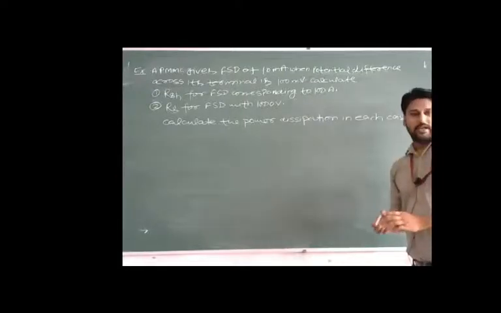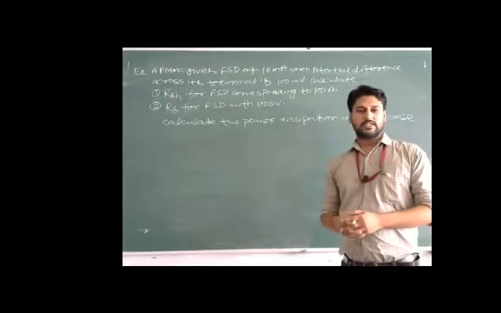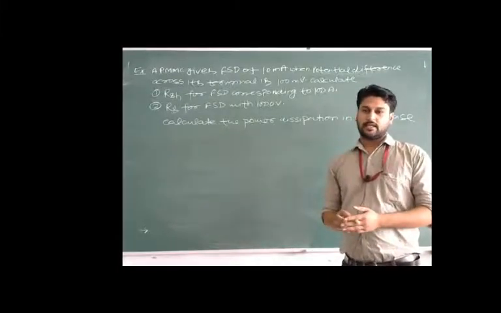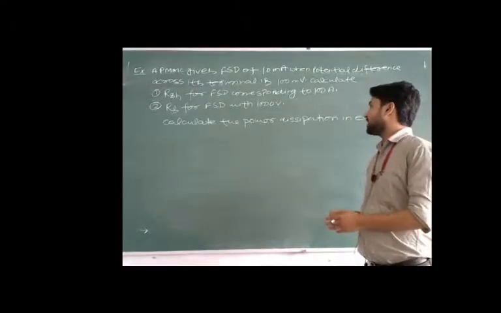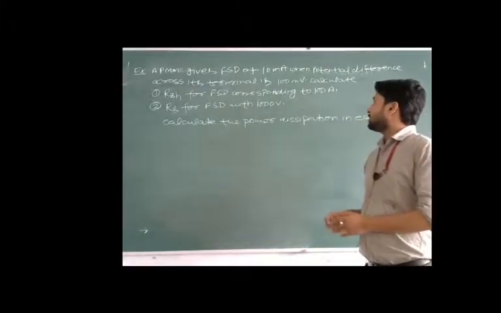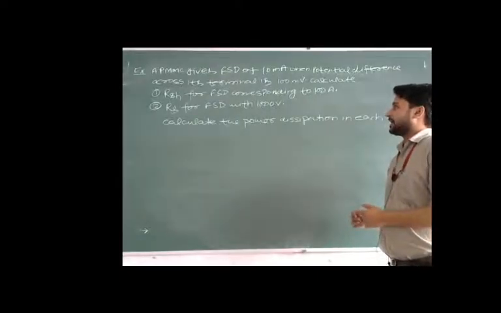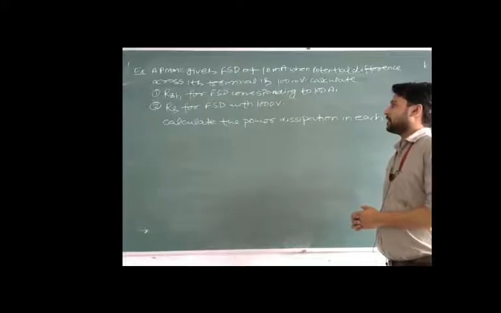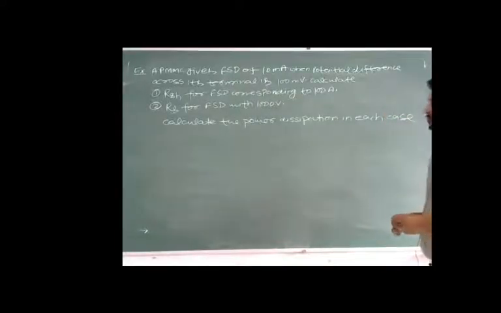That is, when the PMMC instrument has a voltage difference across its terminal of 100 millivolt, the maximum current that the coil can carry is 10 milliampere. We have to calculate two things.